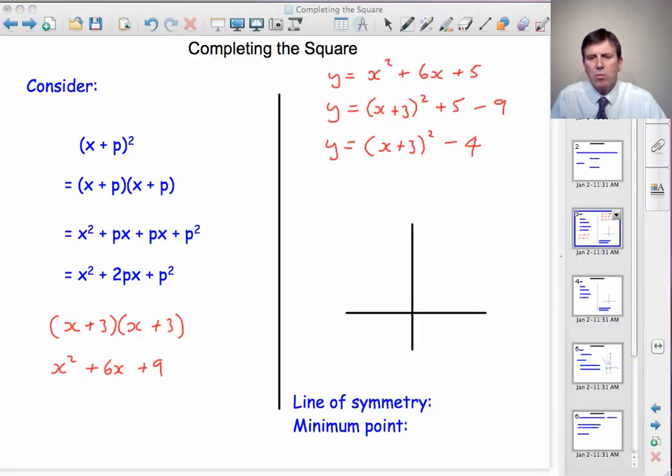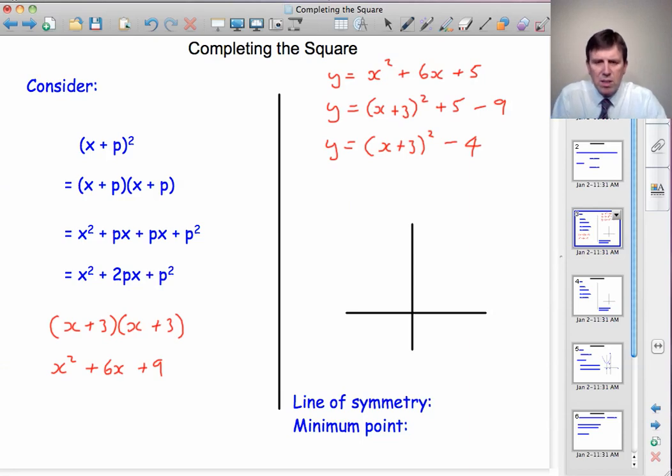So going back to our page here, what we can see is we get a line of symmetry at x equals minus 3. And we get a minimum point with coordinates x is minus 3, y is minus 4.